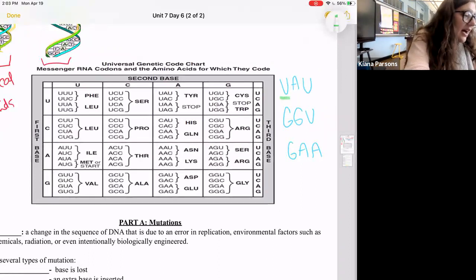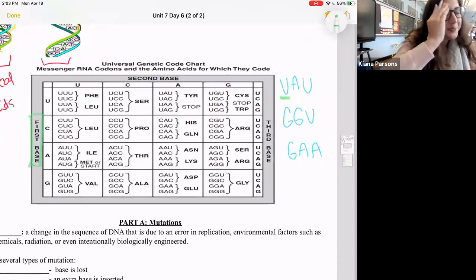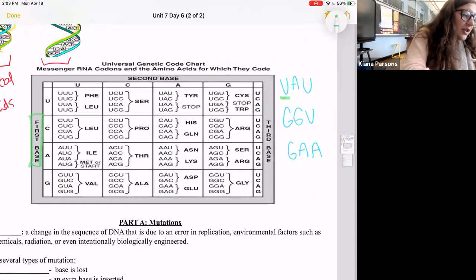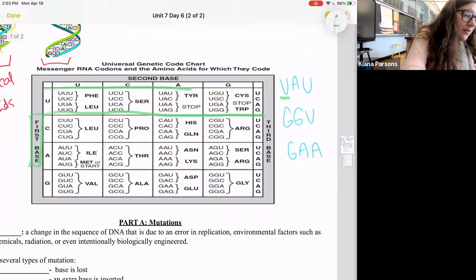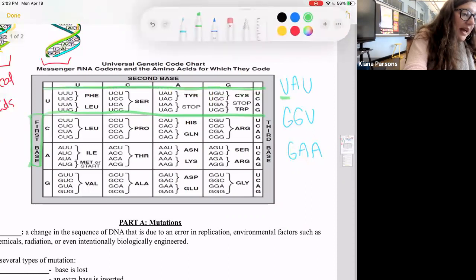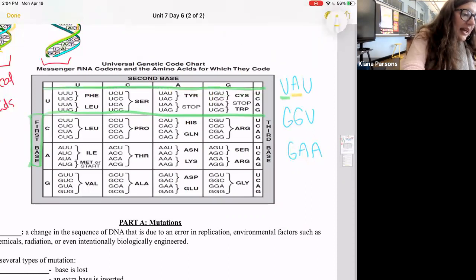And we have here our first base. So we're going over here on the left-hand side, and we're looking for the first base U. So we're in this row. And then we have the second base A. So in the top, we're looking at the second base A. So we're going to be in this third column.